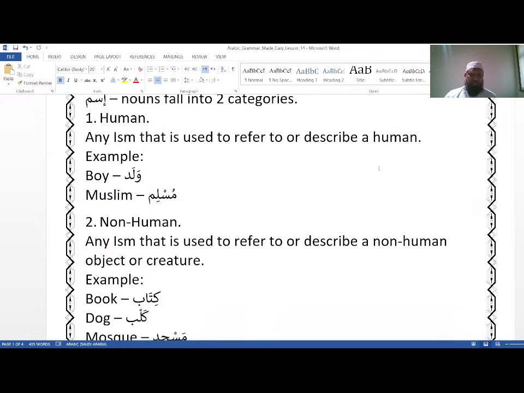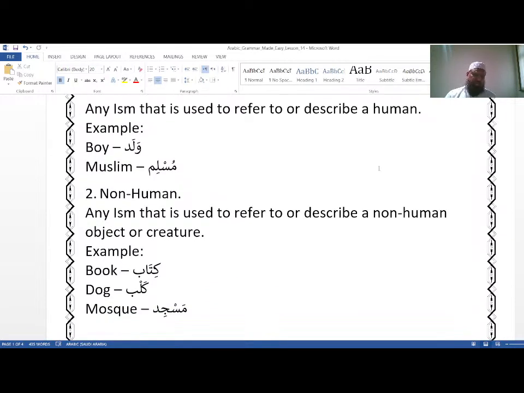Example, kitab, book, kalb, dog, masjid, mosque. So here we have objects and animal, kalb.